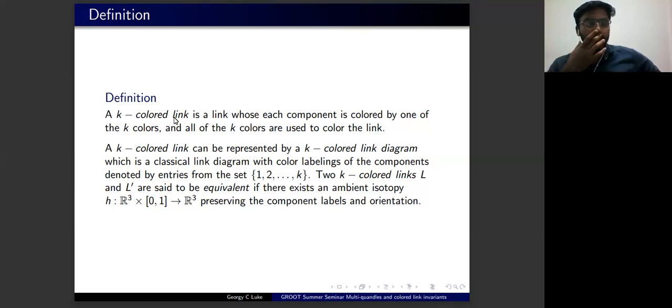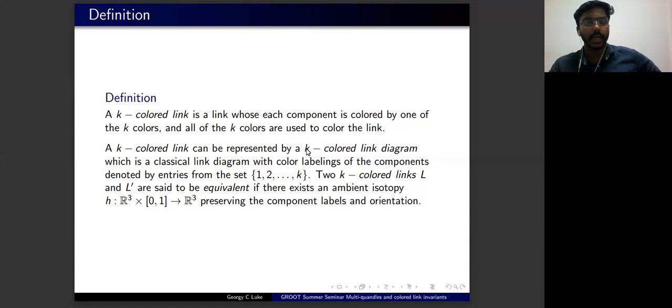In the dichromatic case, it was just two colors, but generally we can have any set of k colors. So a k-colored link is a link whose each component is colored by one of k colors, and all of the k colors are used to color the link.